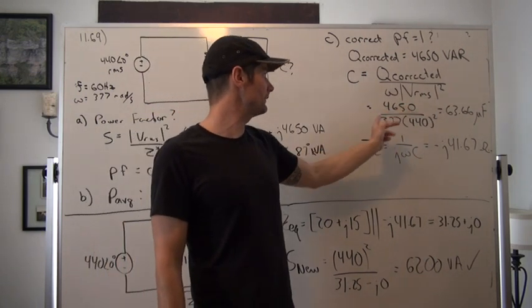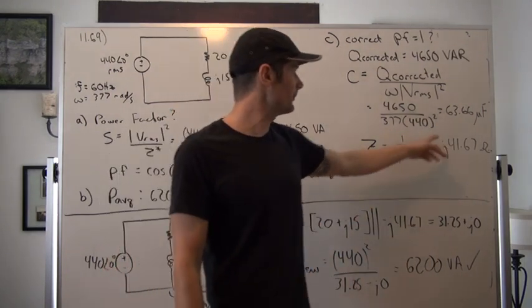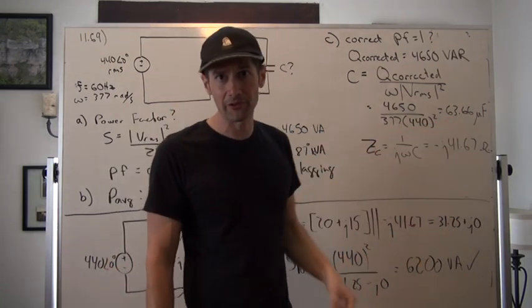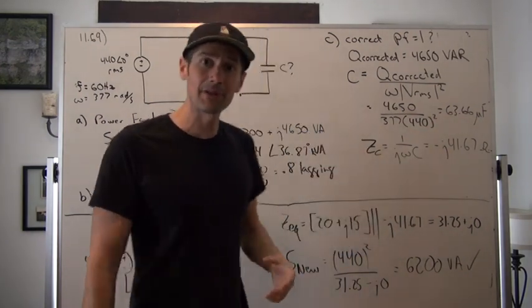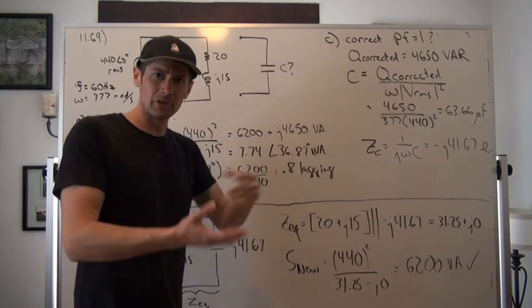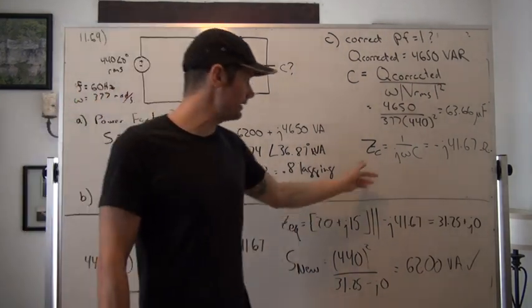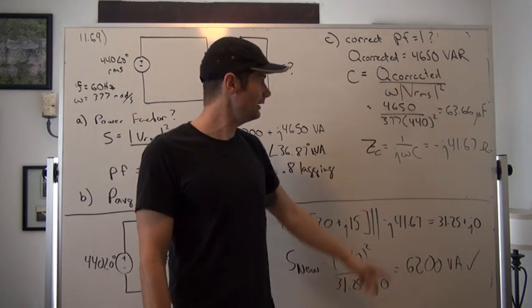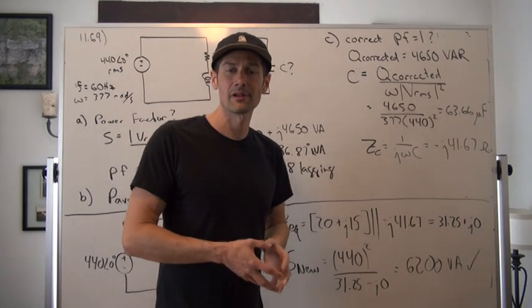So 4650 over 377 multiplied by 440 squared, and that comes out to be equal to 63.66 microfarads. And so now we actually have a capacitor that we can put in parallel here. So let's go ahead and calculate the impedance for it. ZC, obviously 1 over j omega c, and that came out to be equal to negative 41.67 ohms.